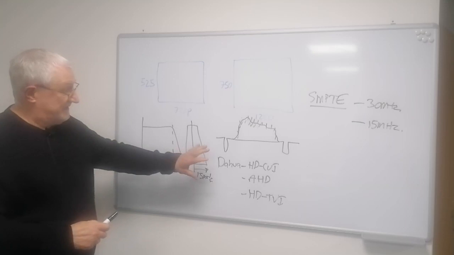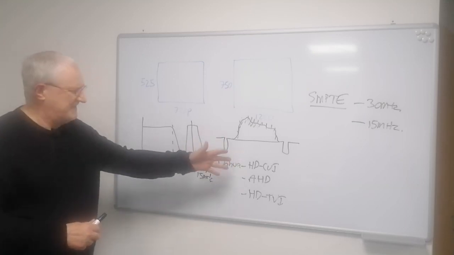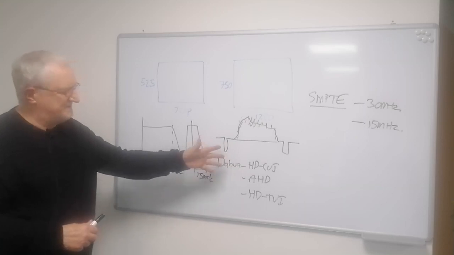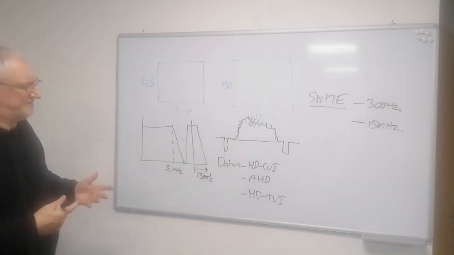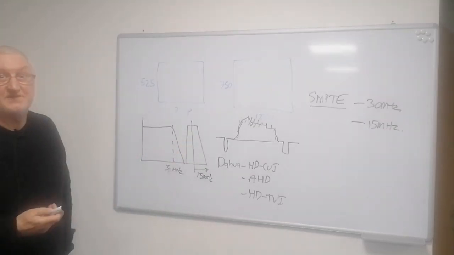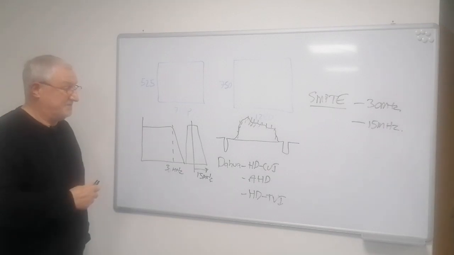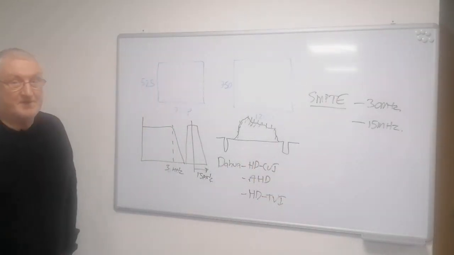So the transmission method is exactly the same. There's other bits and pieces that they've added as they tweak the standards, and data and audio and other bits and pieces. But the transmission for the video is basically exactly the same as NTSC, just with different numbers. And the only difference between these standards is what the numbers are.